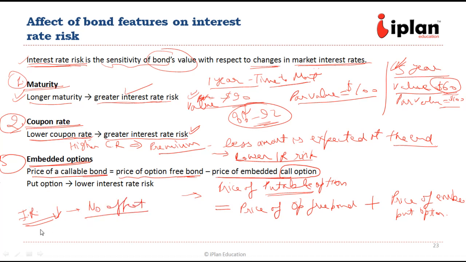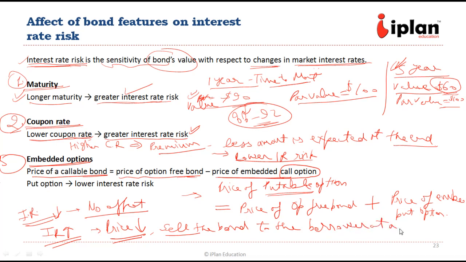If the interest rate is rising, then the price of the bond will fall. But since we have a puttable option, we can sell the bond back to the borrower at a predetermined price. So that is why the risk of the investor has come down.